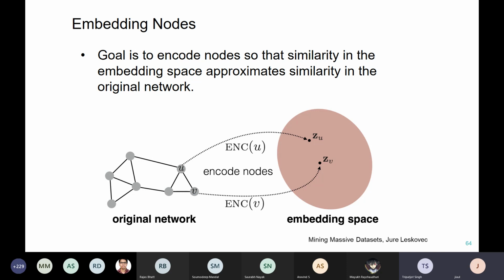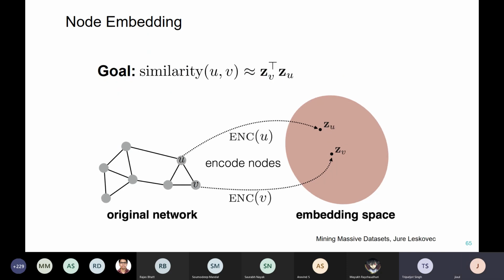These vectors ZU and ZV will also be very similar, in the sense that the angle between them will be small, because U and V are neighbors. On the other hand, if you consider U and some node from the far side, then the angle should be very high. So all we want is an automatic encoding mechanism which will take the graph and produce fixed dimensional vectors for all the nodes that you can find in this graph. Okay, so that is what we want to do.